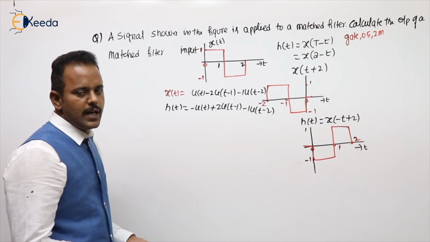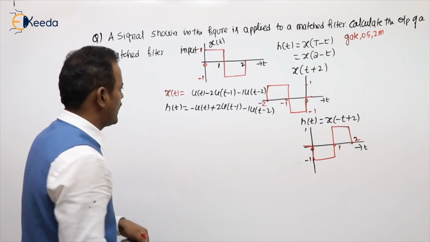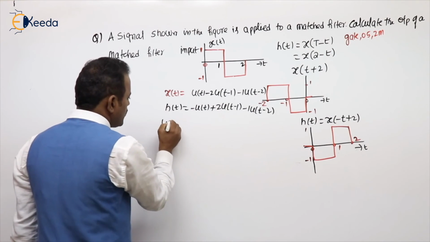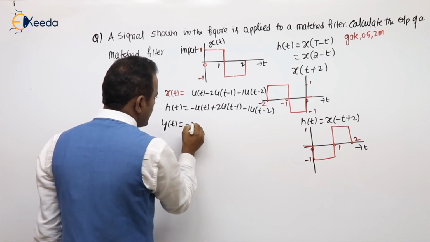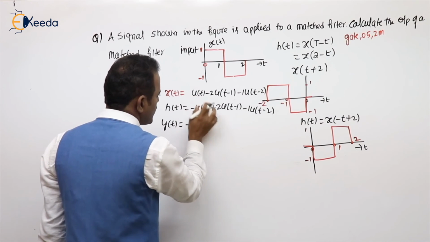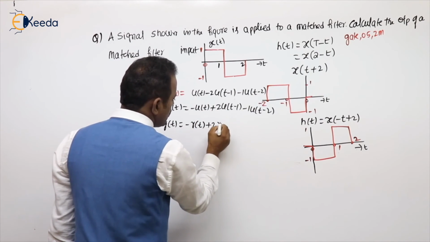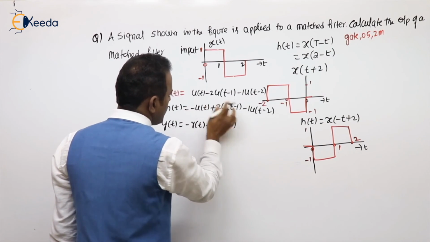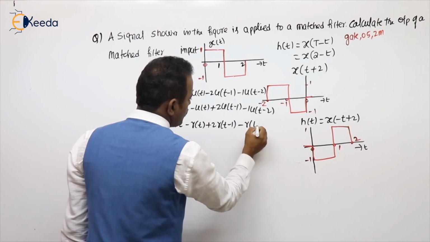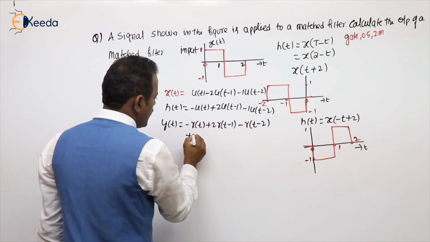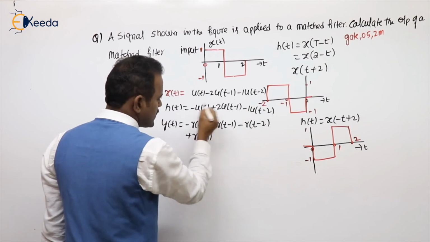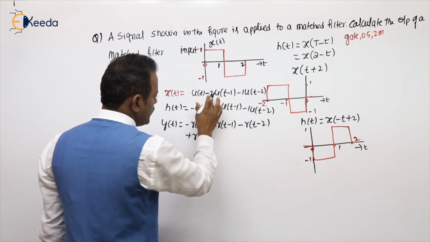Convolution of two step signals will be nothing but a ramp signal. So output y of t equals the convolution of these two. Plus into minus, minus r of t. Plus into plus, plus 2 into r of t minus 1. Plus into minus, minus r of t minus 2. Next, minus into minus, plus r of t minus 1. The same delays will be added.